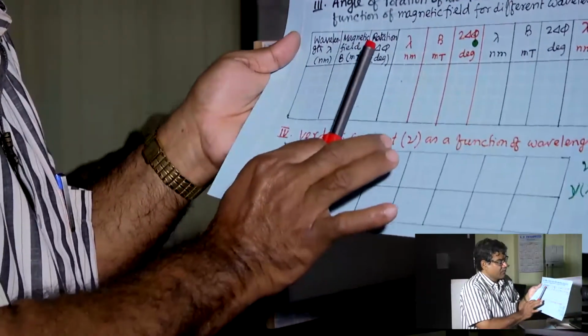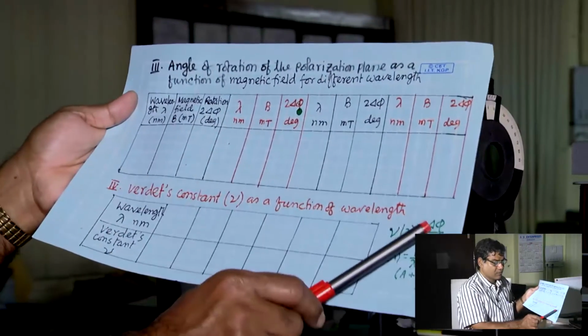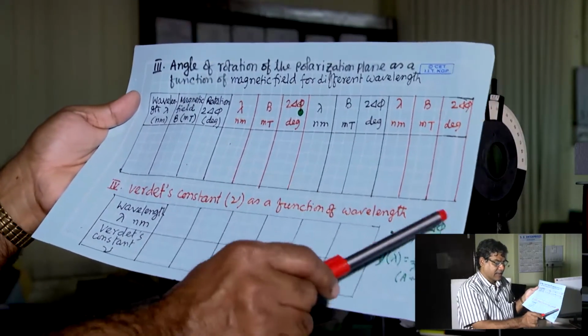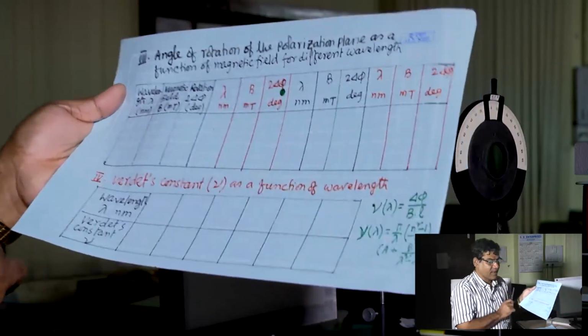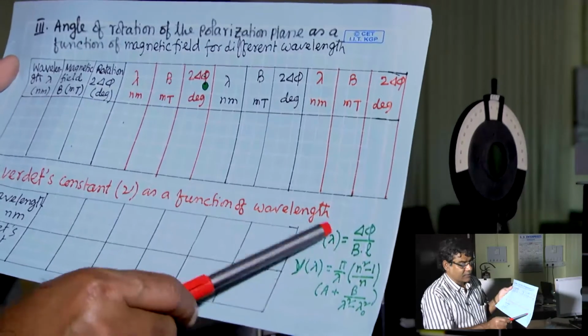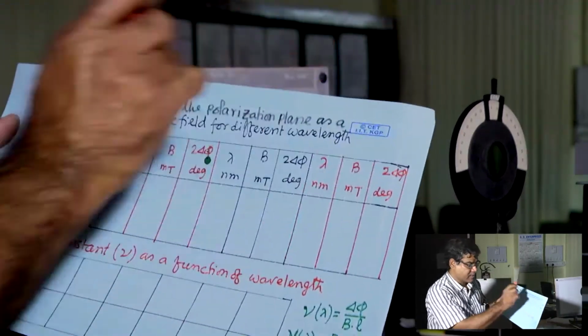Anyway, we will find out del phi. From del phi by B, that from the graph we will get is basically the slope of the graph of B versus del phi. That slope we can use for calculating nu for a particular wavelength.